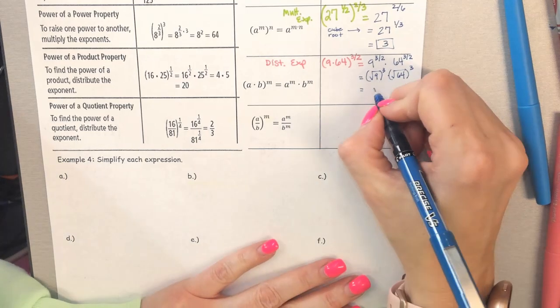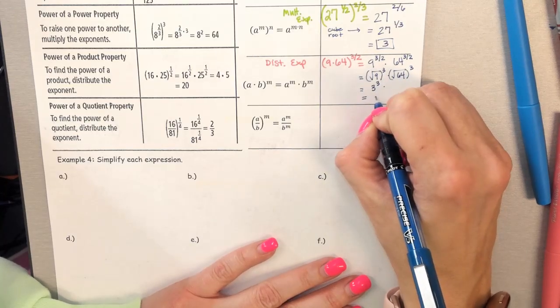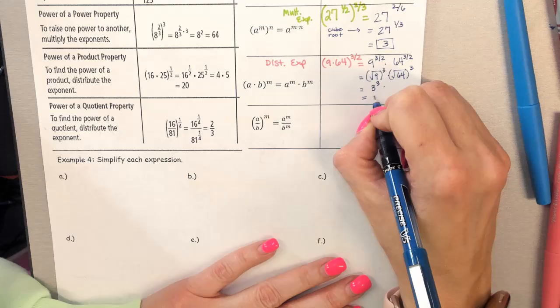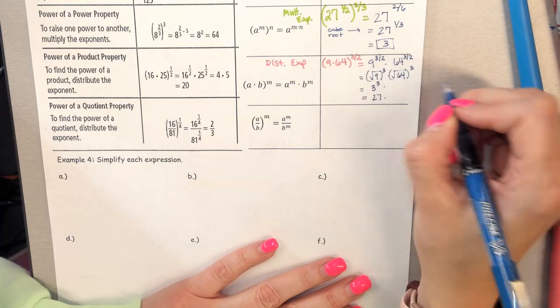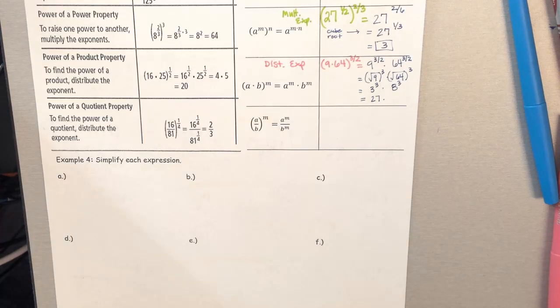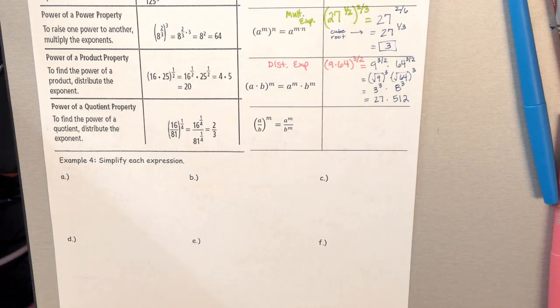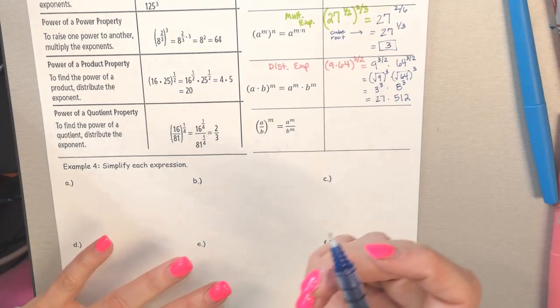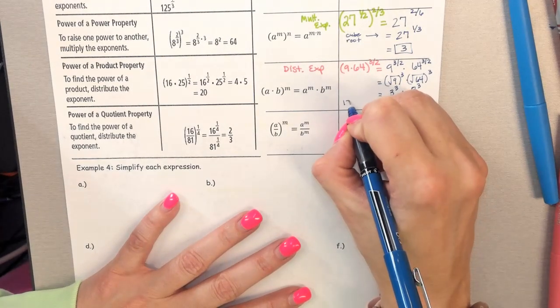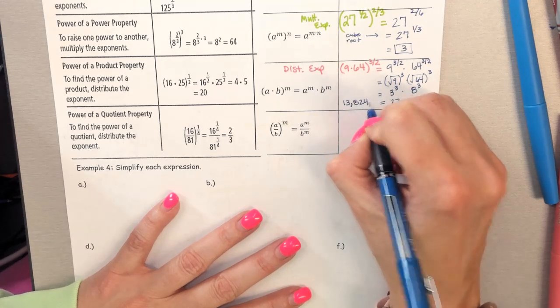Okay, so the square root of 9 is 3. 3 to the 3rd power is 27. Okay, I'm going to help you with this one because it's a larger number. So it's 8. 8 to the 3rd power is 512. Okay, and you could figure that out without your calculator. You could figure this one out, but it would be a lot, and I wouldn't have you do something that large on the no calculator quiz. So I'm just going to tell you it's 13,824.